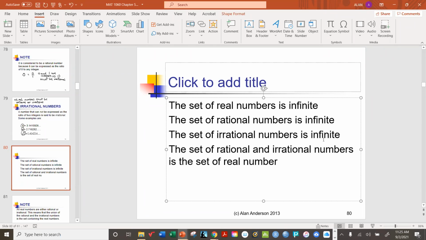So what's going on here? We have 2 infinite sets, the rational and irrational numbers, which when we combine them, form the real numbers, which are also infinite. Well, how is this possible? We're combining 2 infinite sets, and the new set, the real numbers, is also infinite. How can this be?